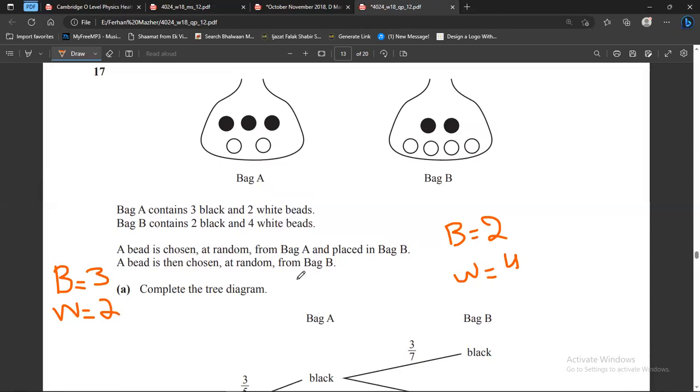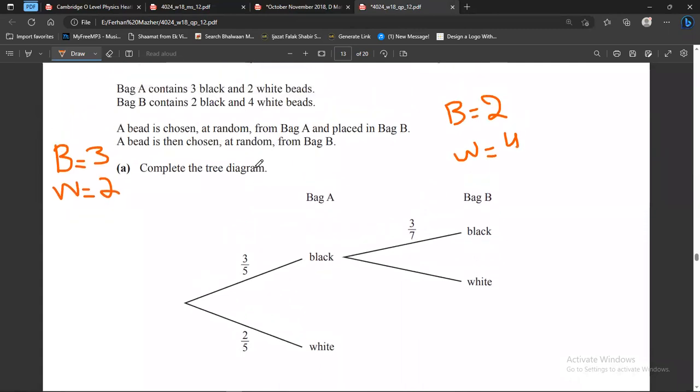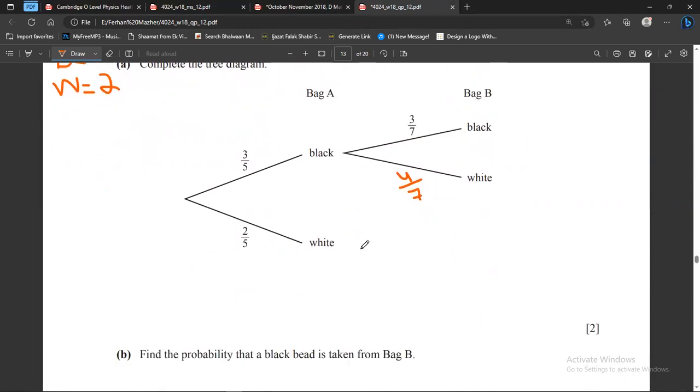The total here is 6. When you take out a black bead from A and put it in bag B, the black ones will become 3 and the total will become 7. So it will become 3 by 7, and getting a white bead from the bag will be 4 by 7. Now you can get a black bead, or you can get a white bead.